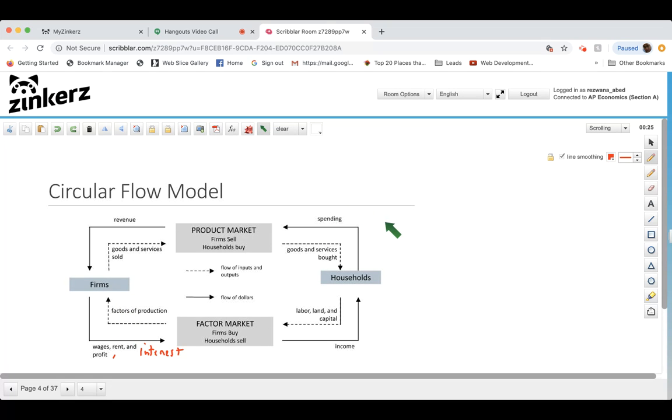But for the sake of simplicity, we assume that households here spend all of their income to buy goods and services, because it would get more complicated if we had to introduce how savings work in this situation. We assume a simplistic model to begin with. Okay, thank you.